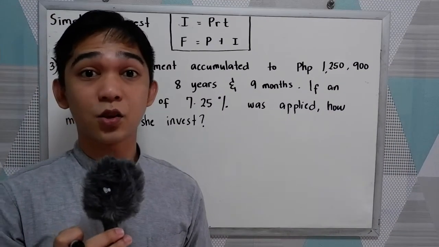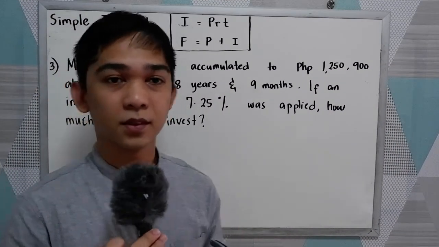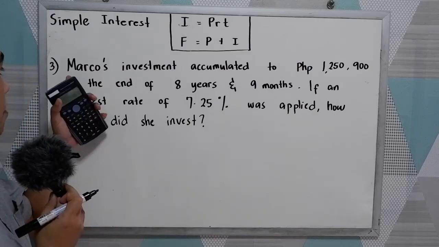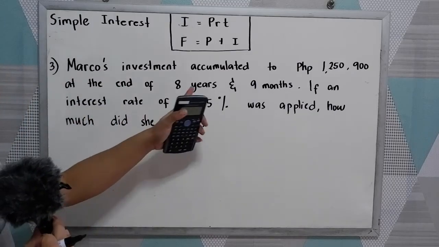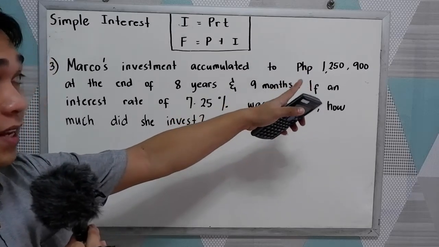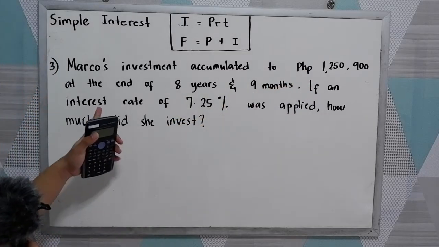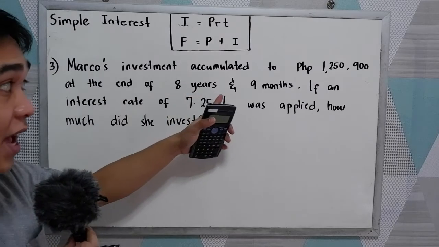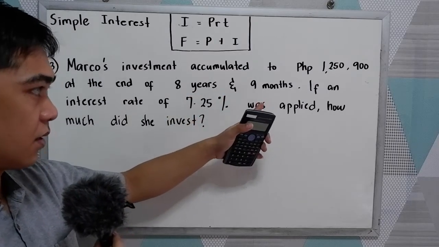Now let us proceed to problem number 3. Marcos' investment accumulated to 1,250,900 pesos at the end of 8 years and 9 months.